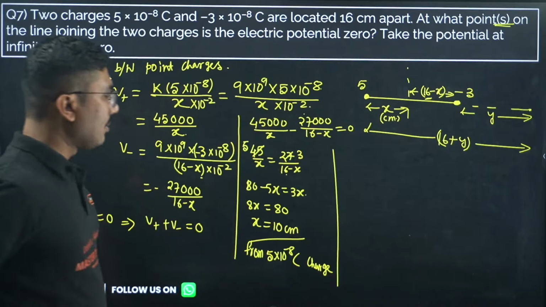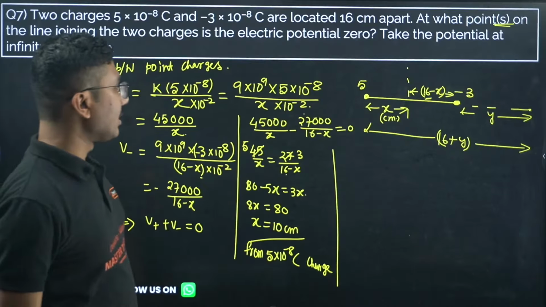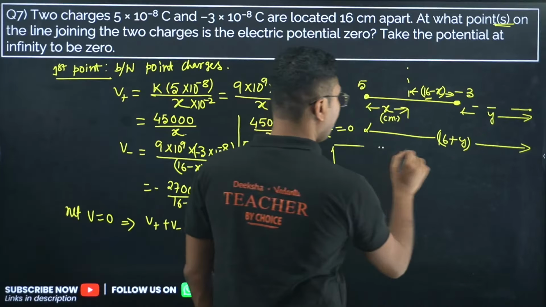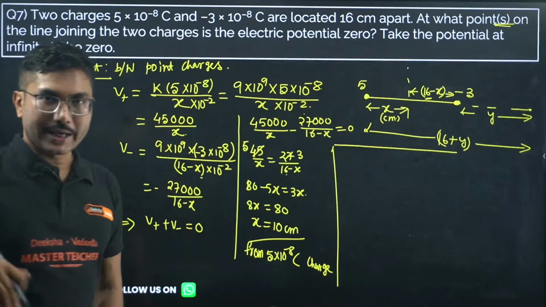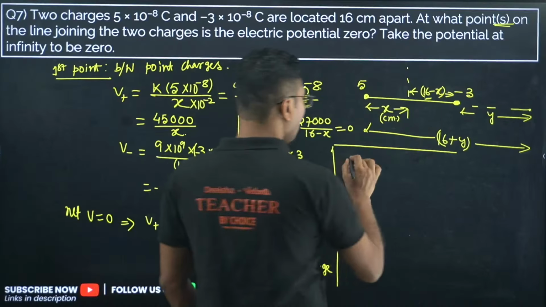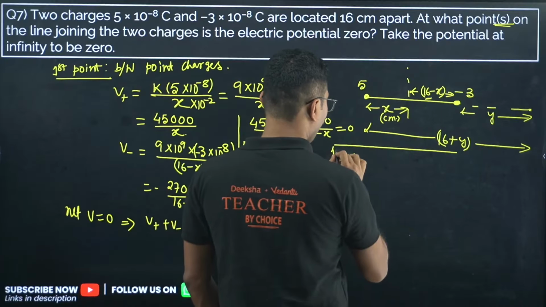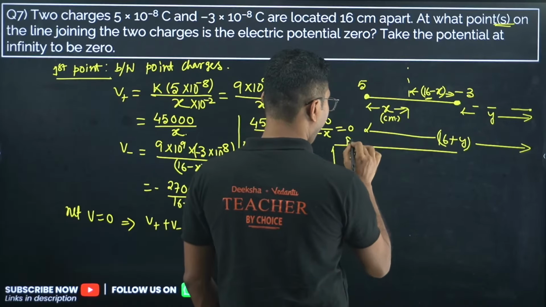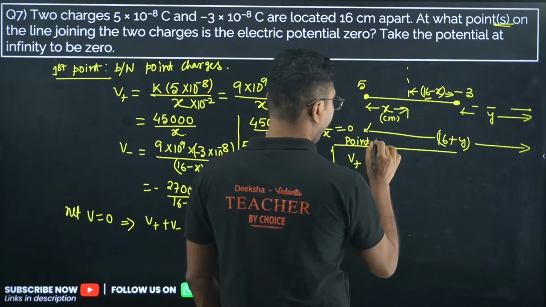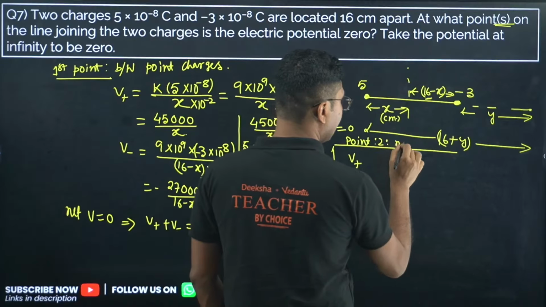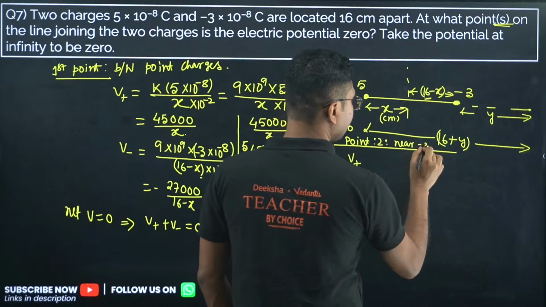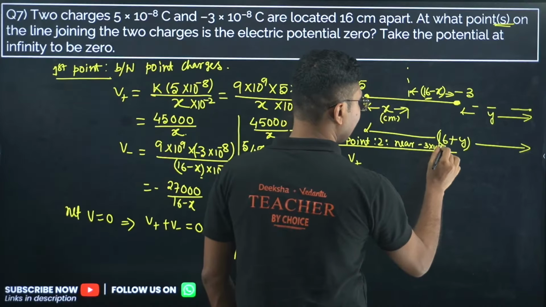Okay, now what about the point y? Now let us calculate the point y. Similarly, I will write the equation in one go. So V plus for point 2, near the minus 3 into 10 to the power of minus 8 charge.